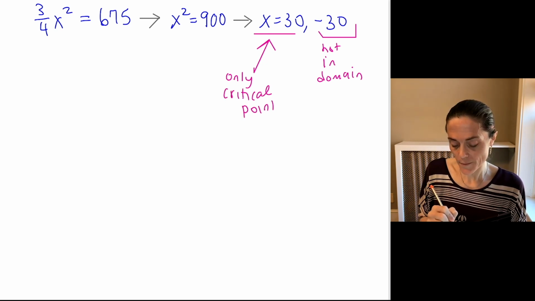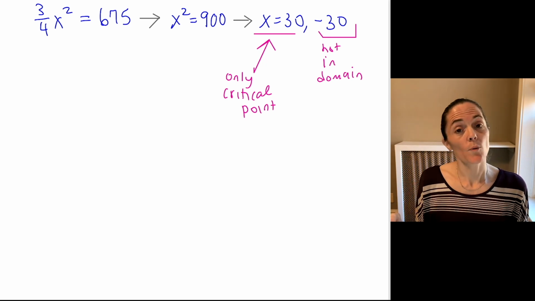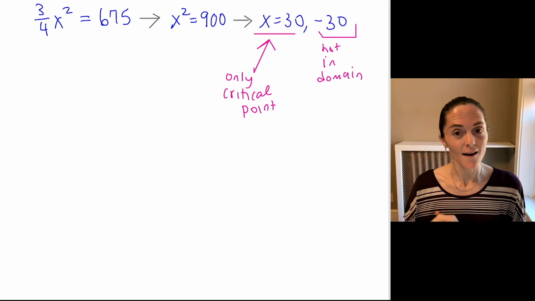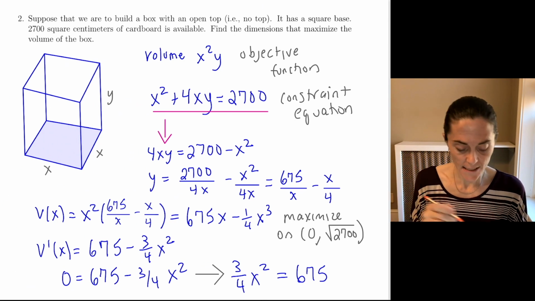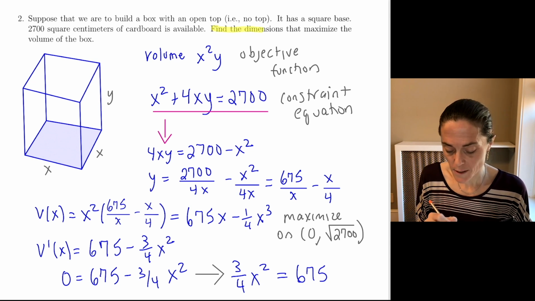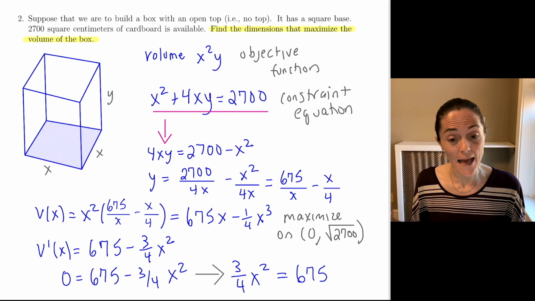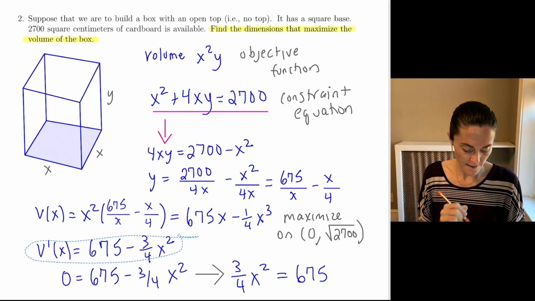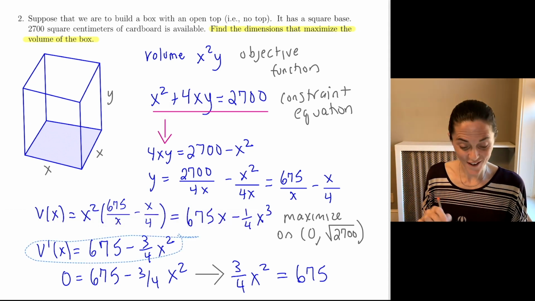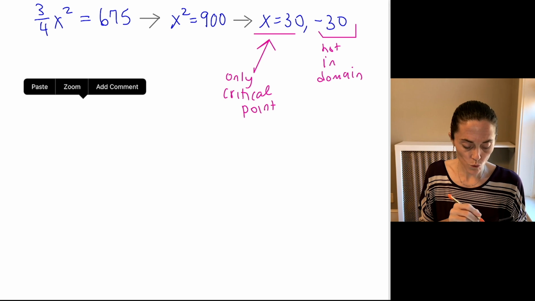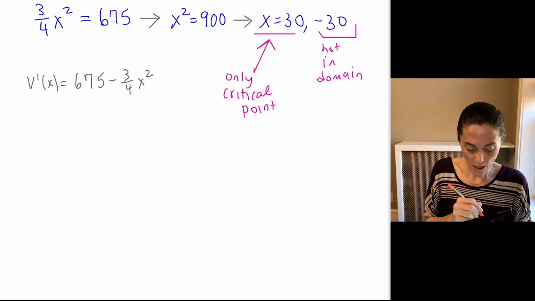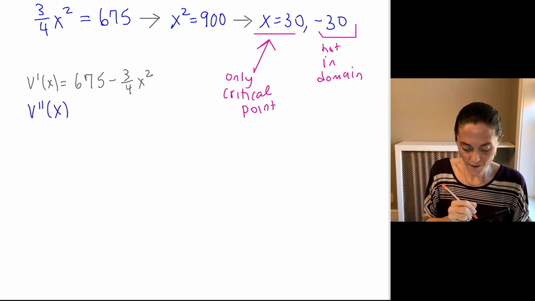Okay, next step. We know we have a critical point. We must verify that we have a maximum, because we're asked to find the dimensions that maximize the volume of a box. We need to verify we have a max here. And we can do this using the second derivative test once again. So let me just copy and paste. We calculate the second derivative.